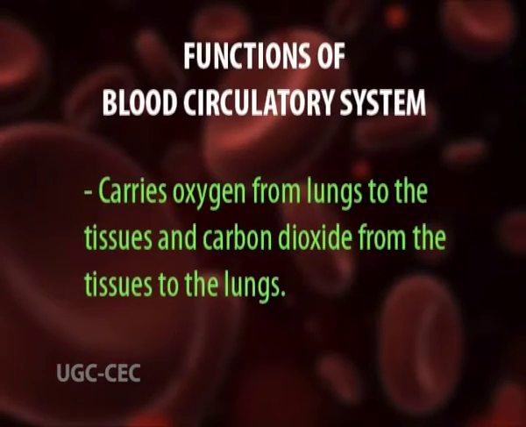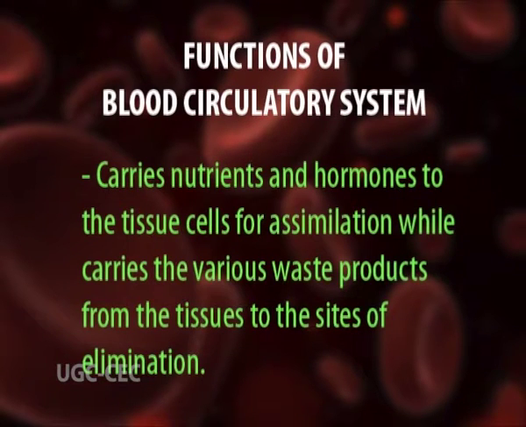Among the various functions of the circulatory system, the major ones are namely, it carries oxygen from lungs to the tissues and carbon dioxide from the tissues to the lungs. It carries nutrients and hormones to the tissue cells for assimilation, while carrying the various waste products from the tissues to the sites of elimination.